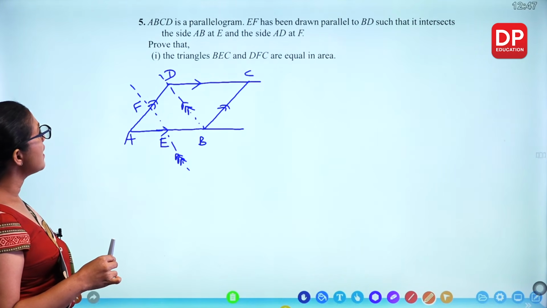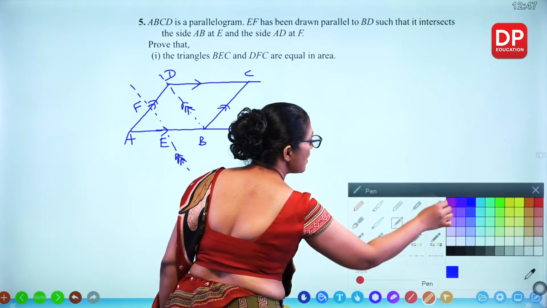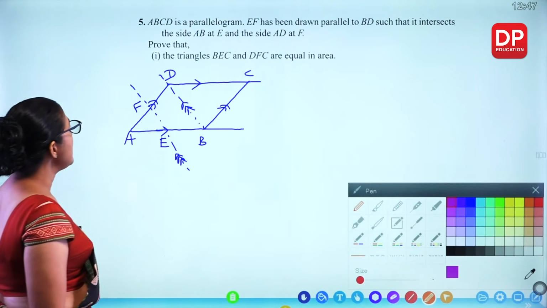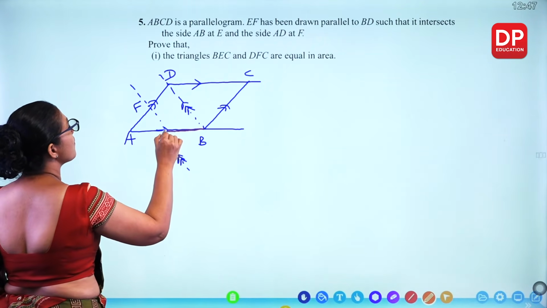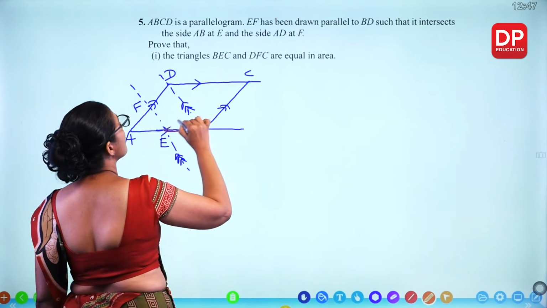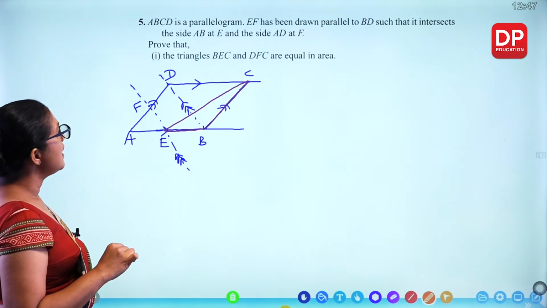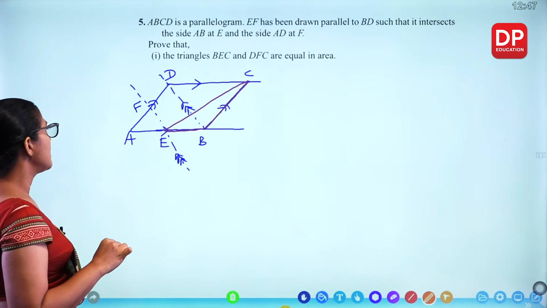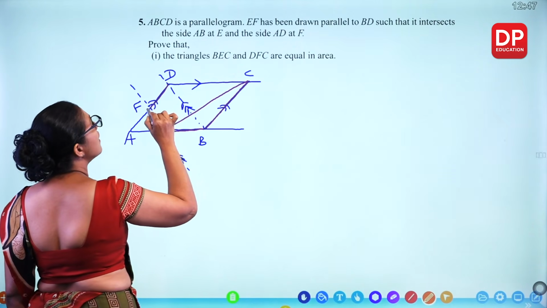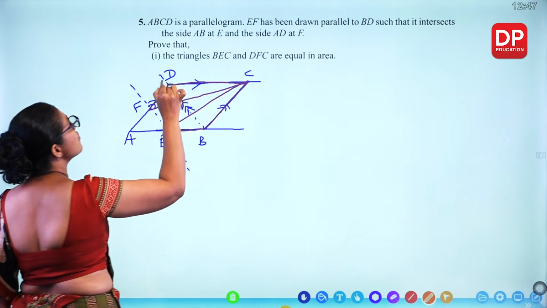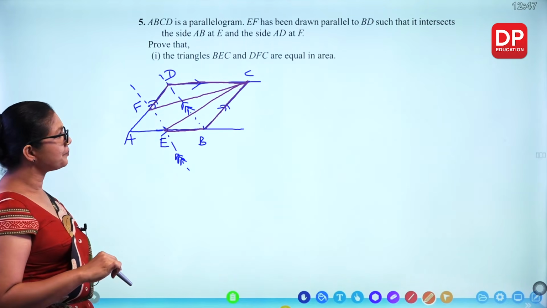Prove that the triangles BEC, I'll take another color, BEC, this triangle, and DFC, DFC triangle, these two triangles are equal in area.